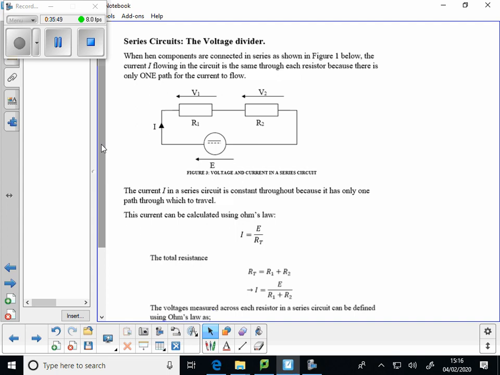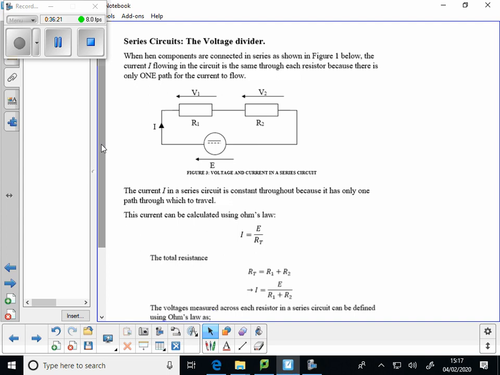And the current I in the series circuit is constant throughout because it only has one path to travel. The key thing about current is there aren't any leaks. Every electron that leaves the terminal, or every positive charge that leaves this terminal, goes all the way round and comes back to that terminal.